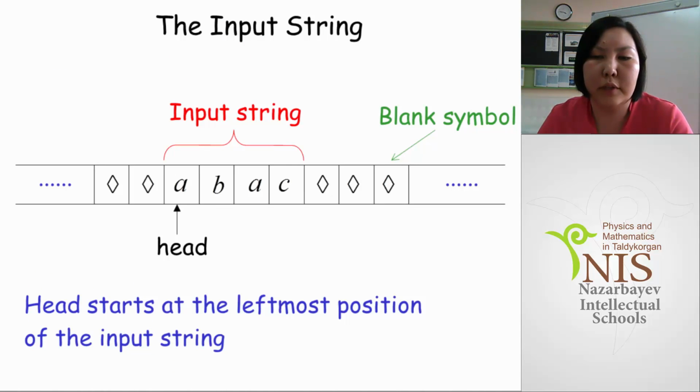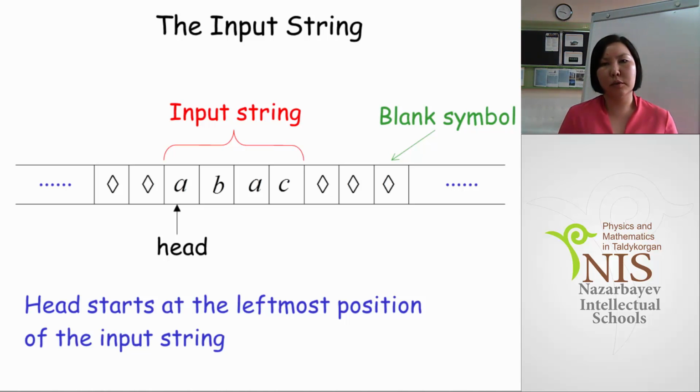Another part of the Turing machine or Turing algorithm is the input string. The input string is the string of numbers or symbols that you give initially. Except for these symbols and numbers, there will be other cells that have no symbols or numbers.